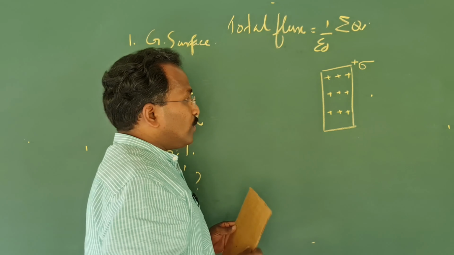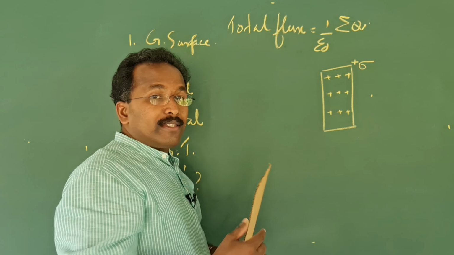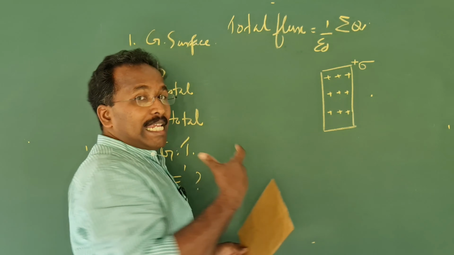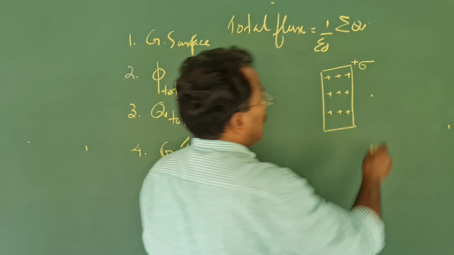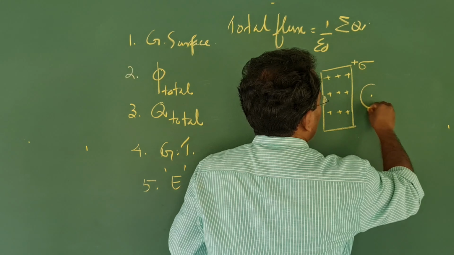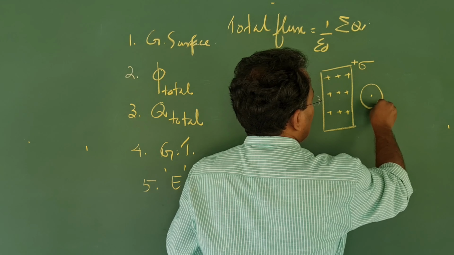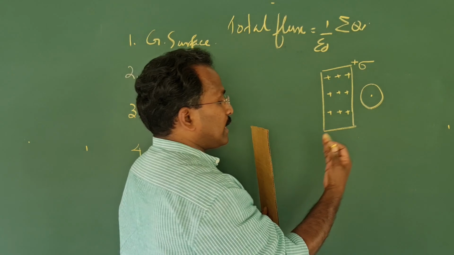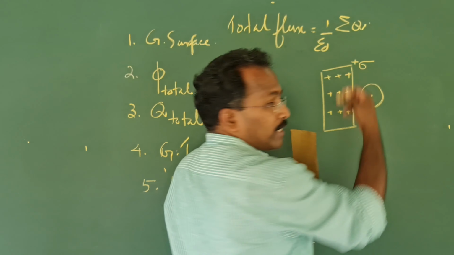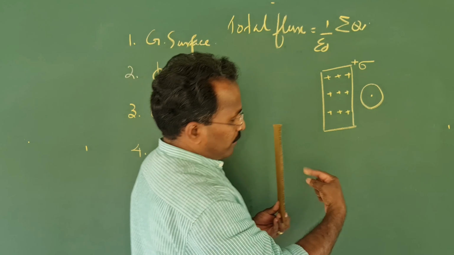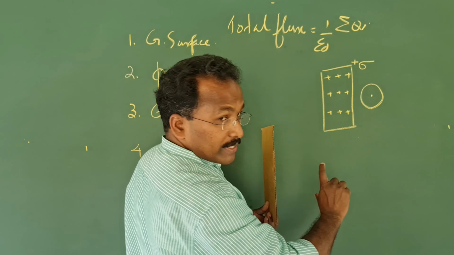Here also we imagine a cylindrical Gaussian surface. See, it goes like this. We imagine the surface in such a way that on the side of that this point appears, and you have a cylindrical surface here.